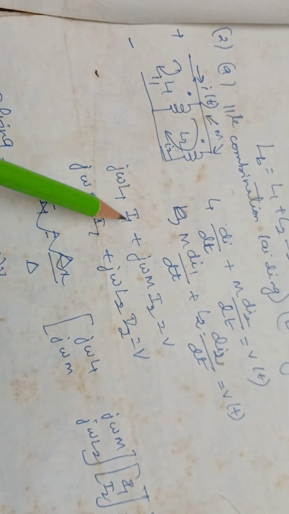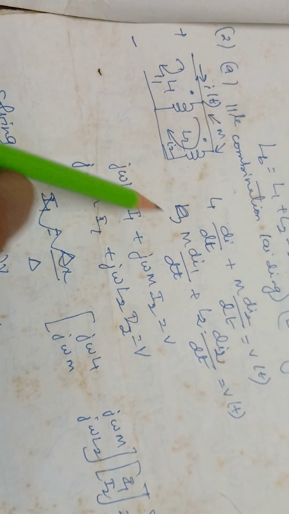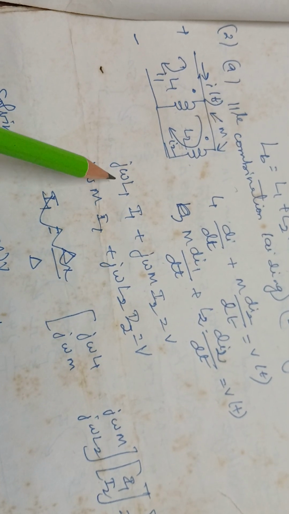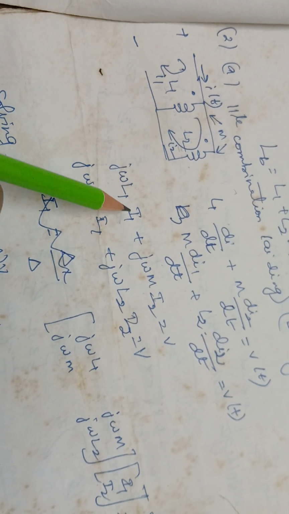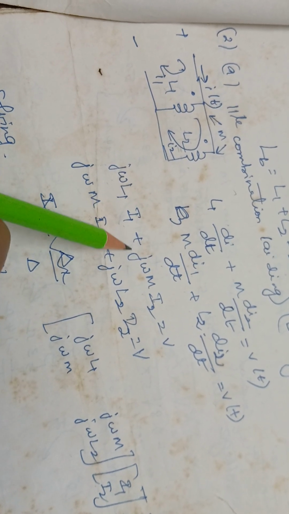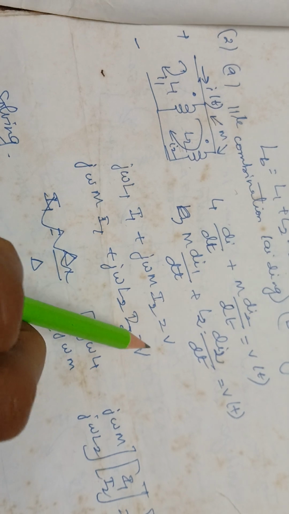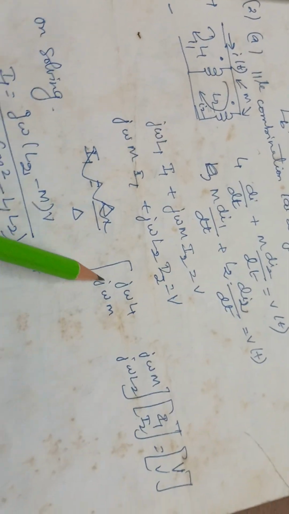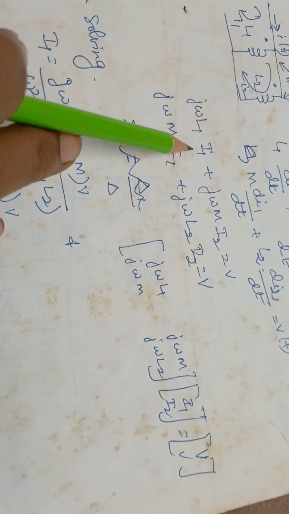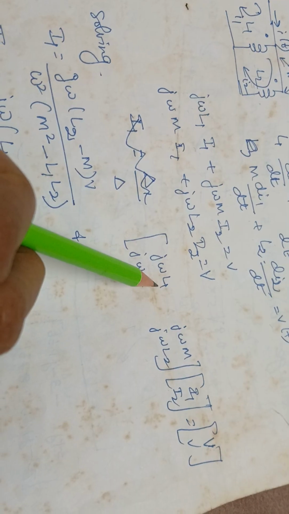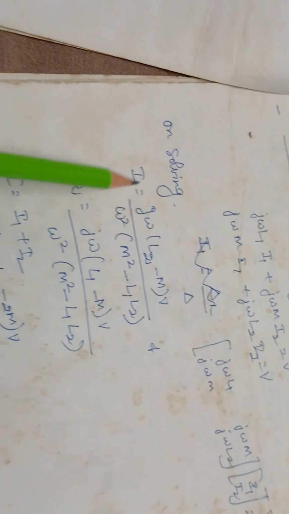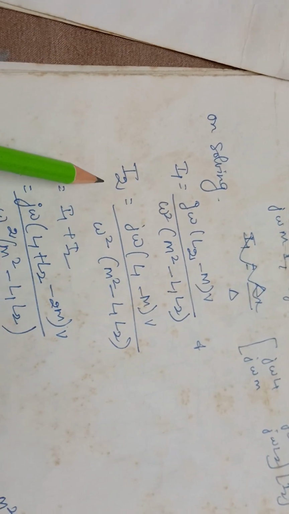Okay, so after simplifying this equation with the j term, j omega L1 I1 plus j omega M I2 is equal to V. By this we can write it in equation form, and after solving this I am getting I1 and I2.